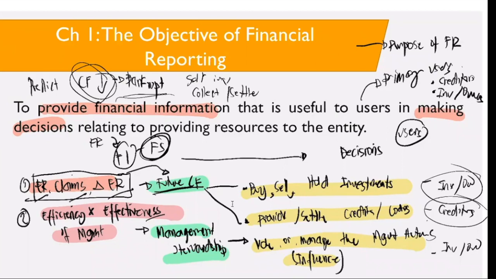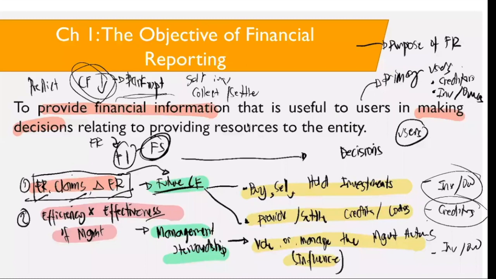Next, the other information that we can get out of your financial statement is your efficiency and effectiveness of management. So in your efficiency and effectiveness of management, we get your management stewardship. That is what we look into. And what is the decision that we can make out of that management stewardship?